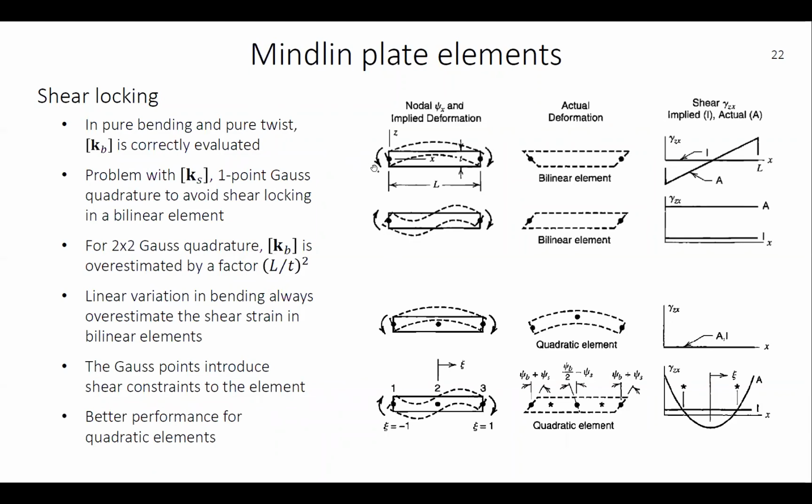So we have constant bending, like this picture illustrates. And if you look at the bilinear element, it will deform something like this because we have a bilinear formulation, so obviously it cannot really bend properly.